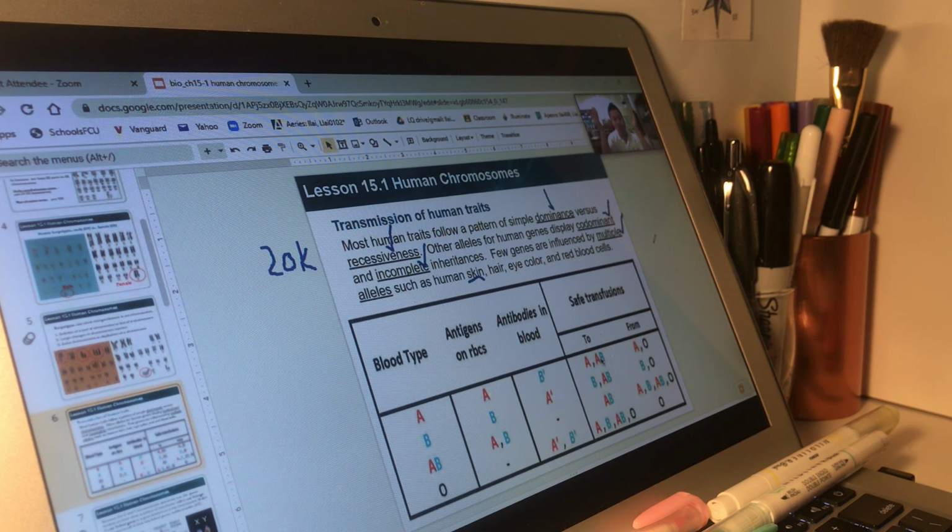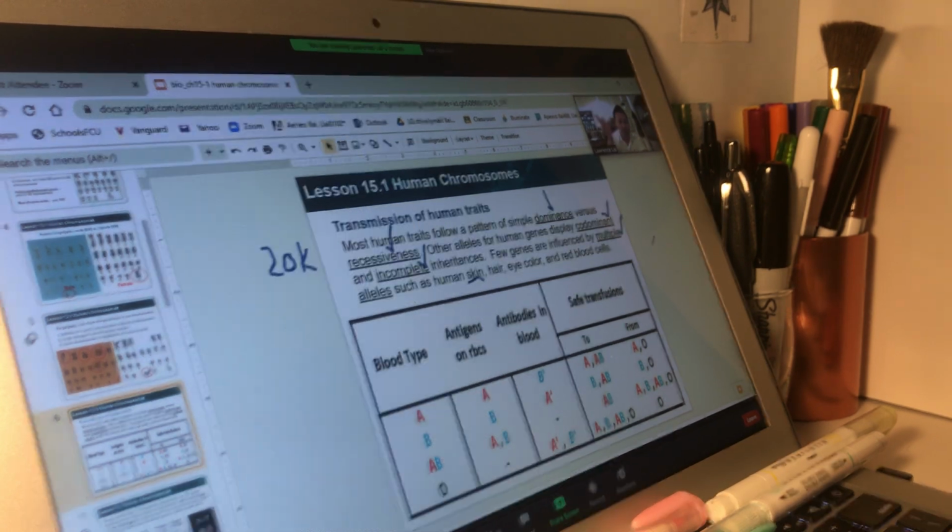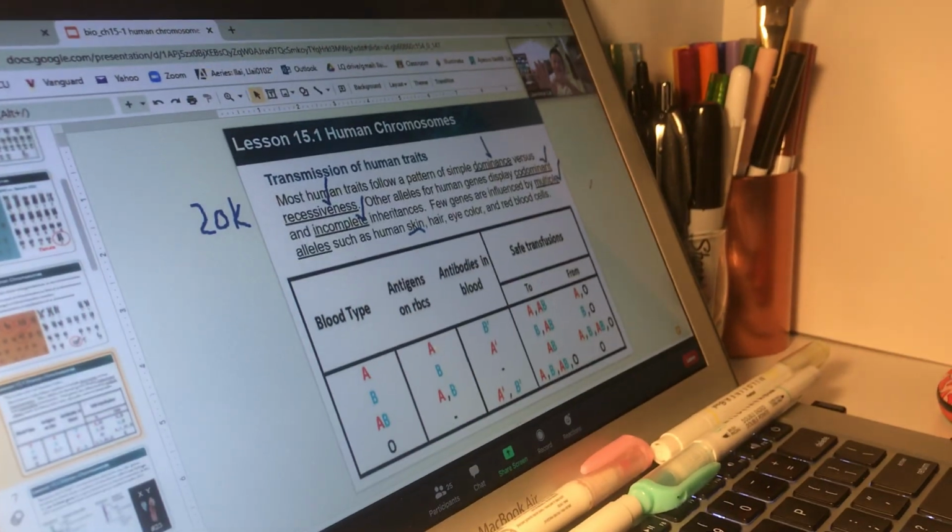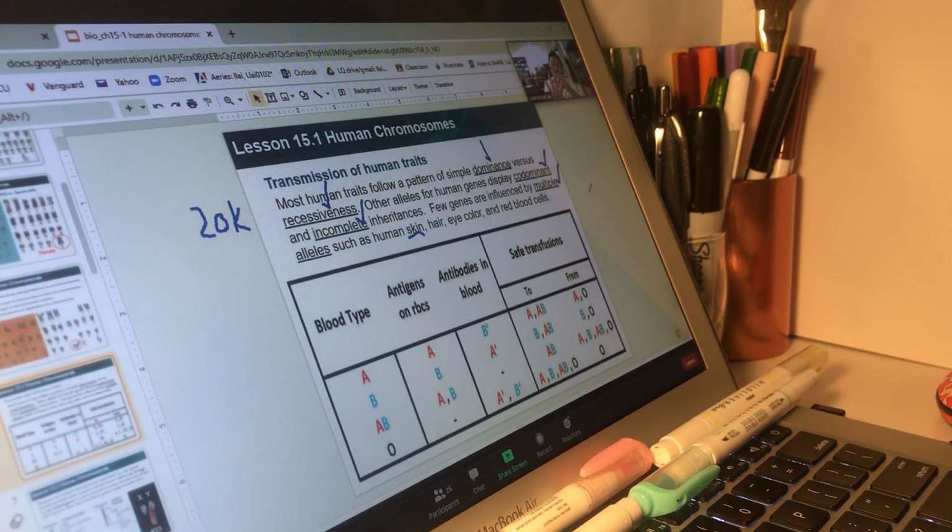But it's a small number. So these genes are controlled by multiple genes. So we call them multiple alleles. So all the 20,000 genes that you and I have that make us human are controlled by either dominant, recessive, codominant, incomplete dominance, or multiple genes.